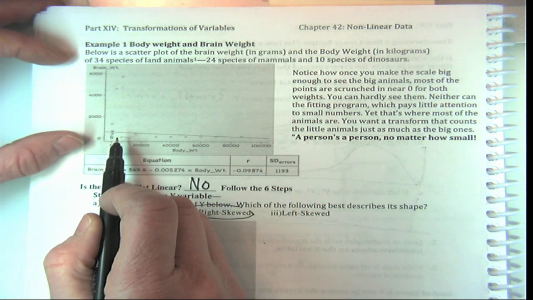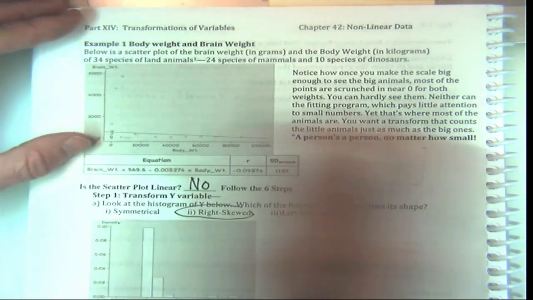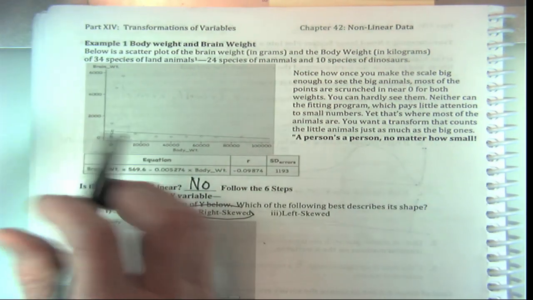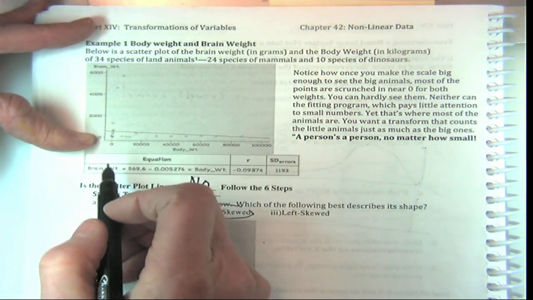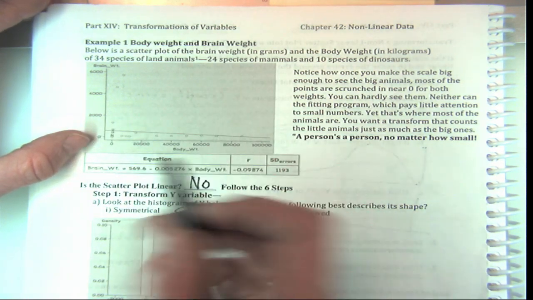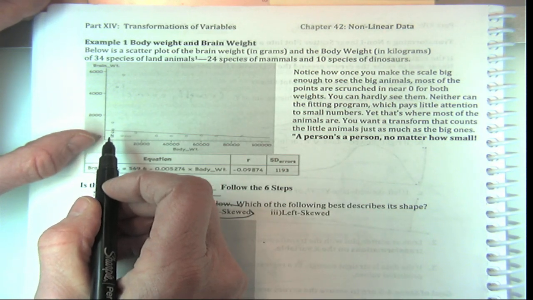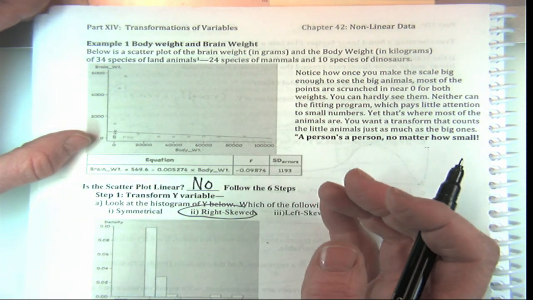Same with people in our class who are just average, don't have all that money. I want them to count just as much, and I can't even see them. So this is a sort of way to do that. We're not doing anything phony. We're just making, you want to be able to see all your data, and you want them to count as much.